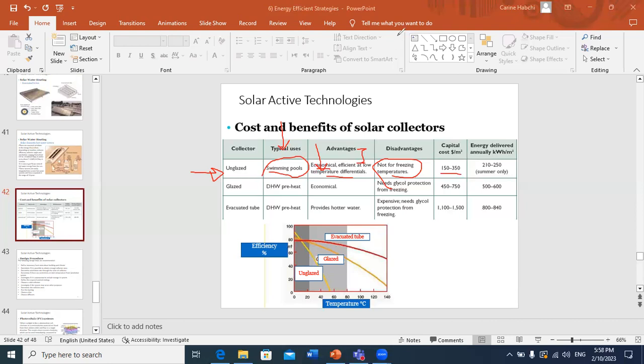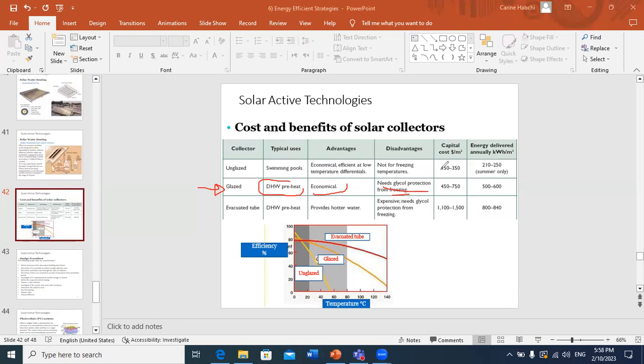Now, in the case of glazed collectors, they are widely used for domestic hot water needs. They are also economical, but at the same time, we need to provide protection from freezing. We should add, let's say, a circulating fluid that is antifreeze.